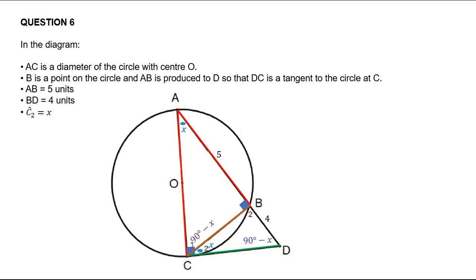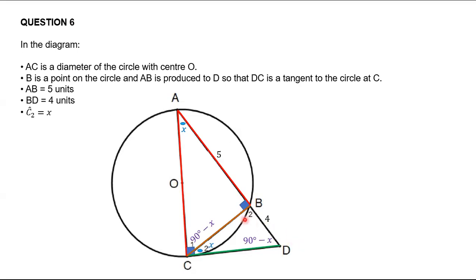I think that is obvious. And that was diameter subtending the angle at the circumference. And C2 and C1 will be 90 because the diameter will be perpendicular to the tangent at the point that is at the circumference. And that's what I started with.